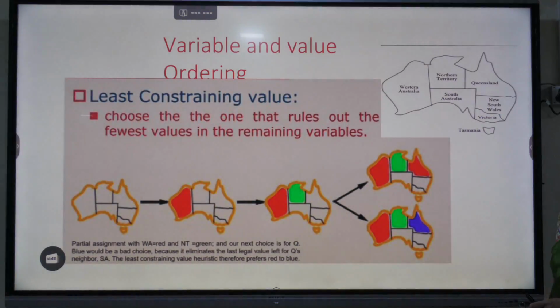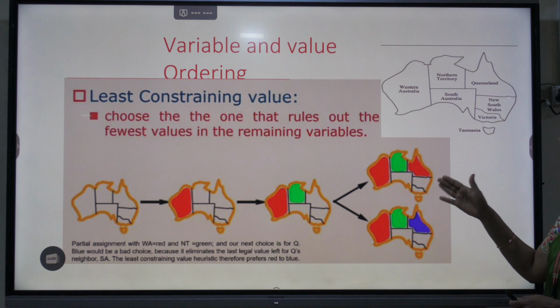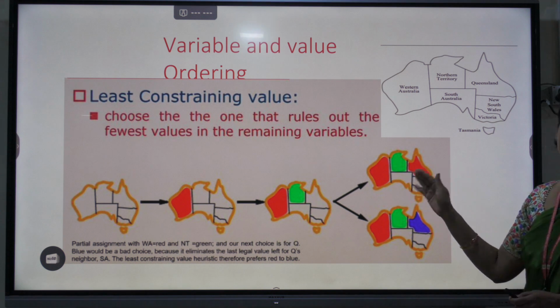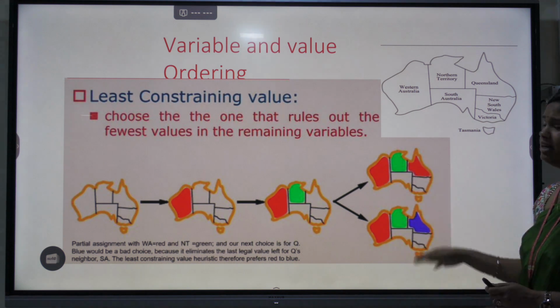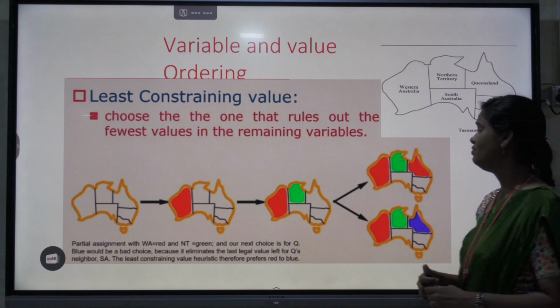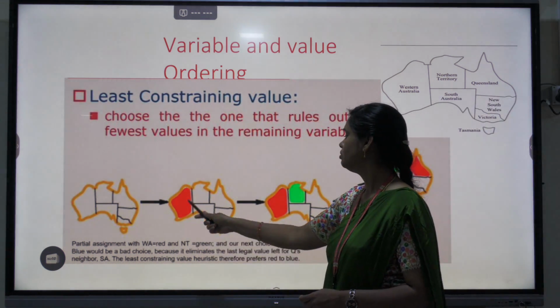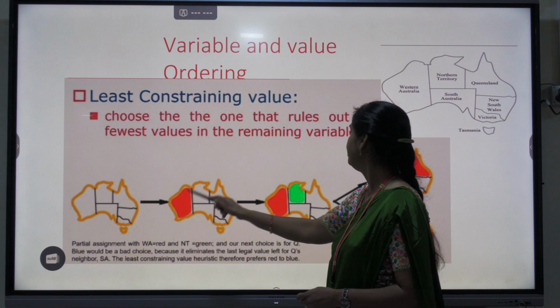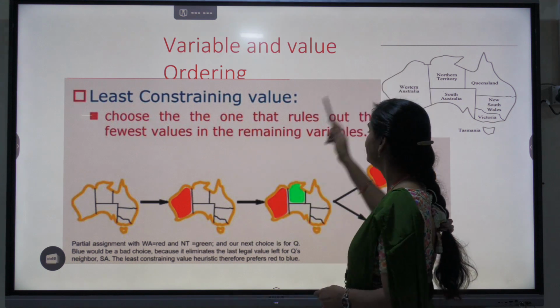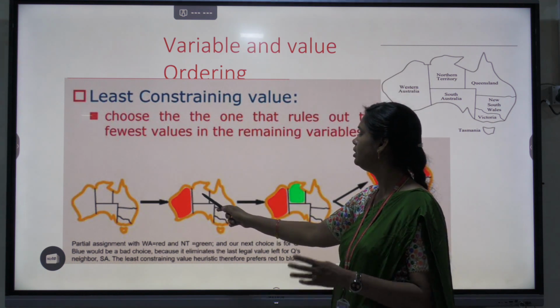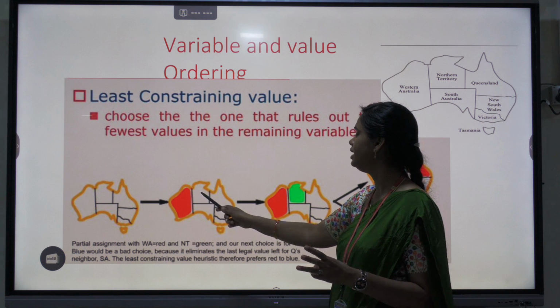And next is the least constraining value. We choose the value that rules out the fewest values in the remaining variables. If I fill red in Western Australia, the Northern Territory has the possibility of green and blue.